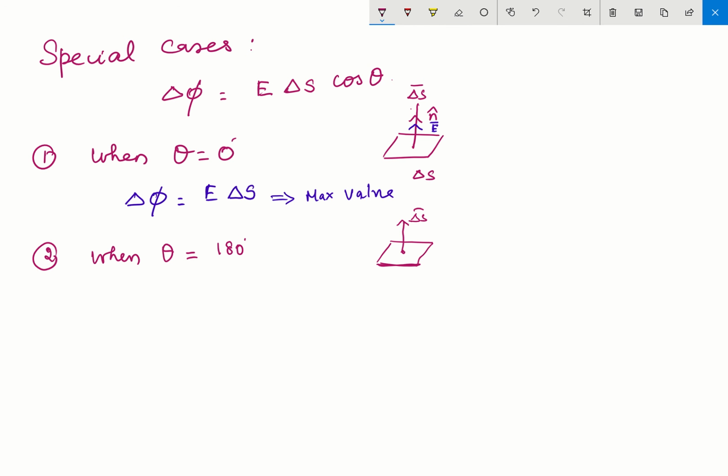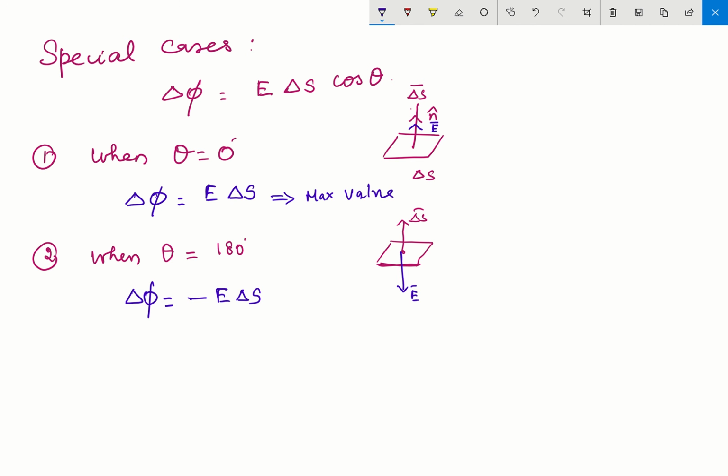But where is your E? E here is in this direction. Therefore 180 degrees. In that case, what is your delta phi? Delta phi is equal to E ds cos 180. Cos 180 means it is minus E delta S.